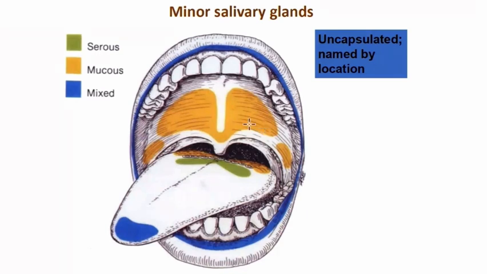Some serous glands are present, especially in the posterior part of the tongue, the von Ebner's glands, the only exception. Immunoglobulins, IgA secretion, are also produced in the minor salivary glands.